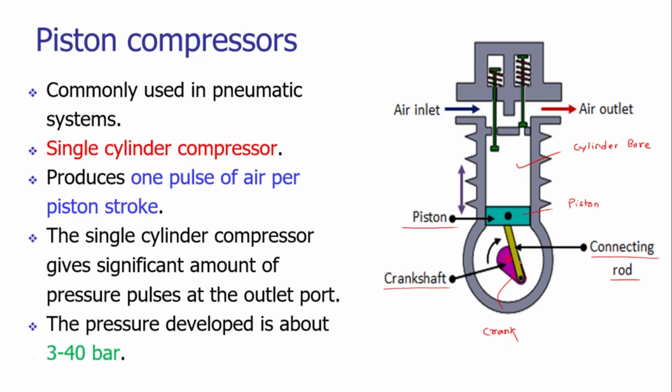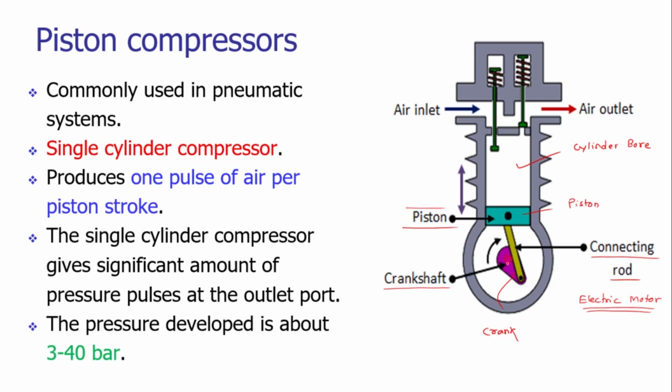That shaft is driven by the electric motor. So we need to have an electric motor as well here, which is the prime mover for the piston type of compressors. The rotational energy from the electric motor is converted into the reciprocating motion of the piston.